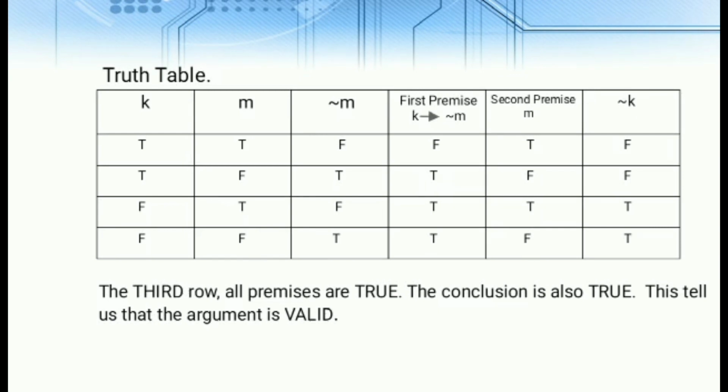First we have K, which represents the statement "I will get a 15 on the quiz." We have here M, which represents the statement "I will not fail," and the negation of M, "I failed."